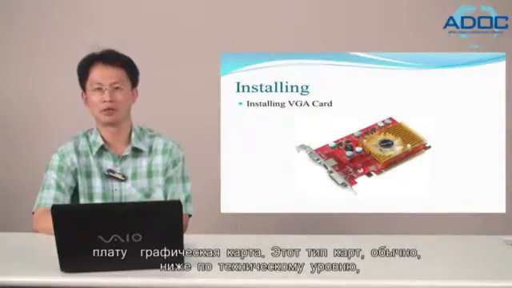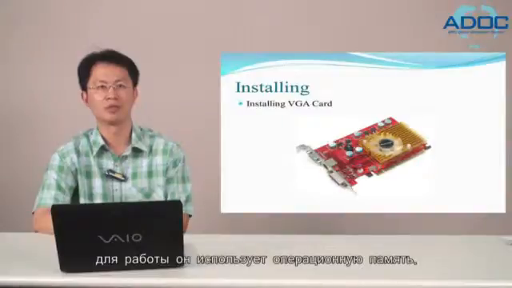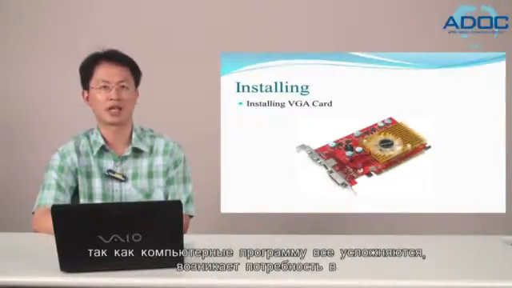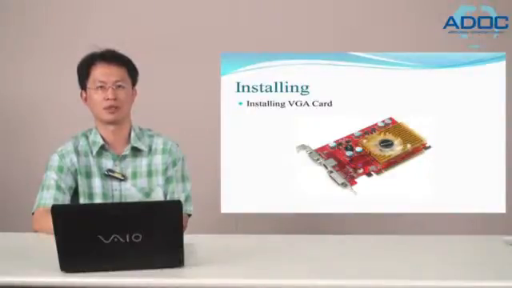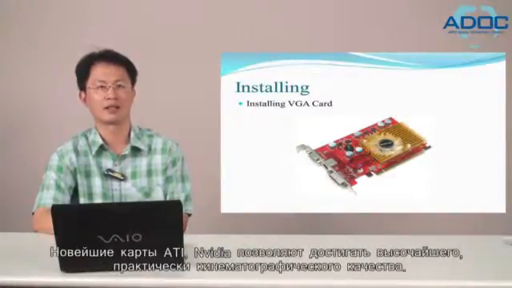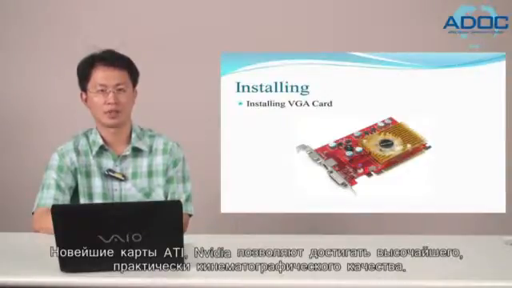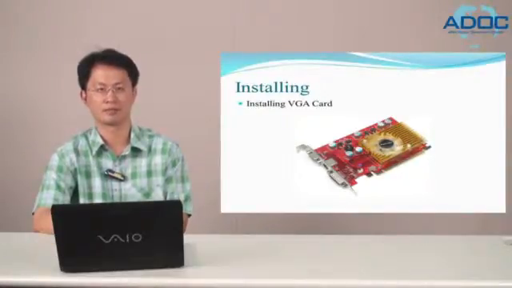These are usually low-spec cards and normally use RAM from your system to run. As PC programs continue to get more complex, we need a bigger, more powerful graphics card to push all those pixels. The latest cards from ATI and NVIDIA deliver nearly cinematic effects.